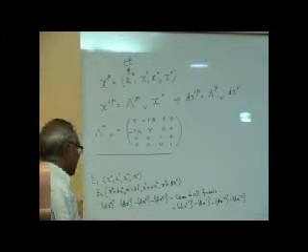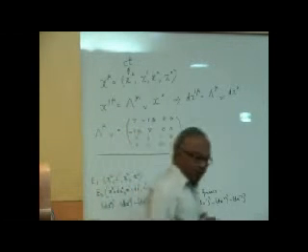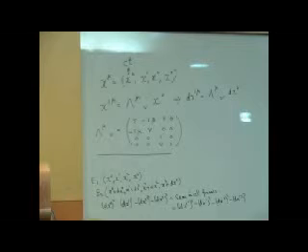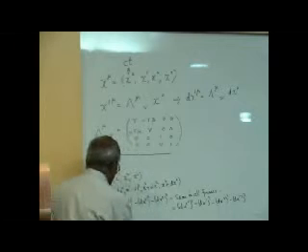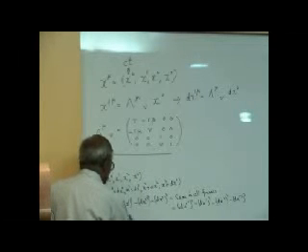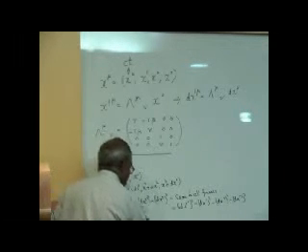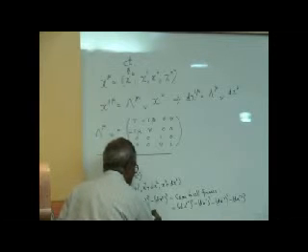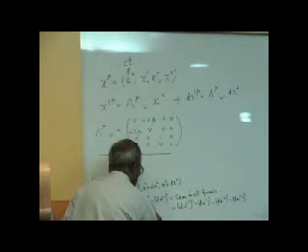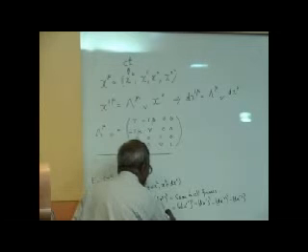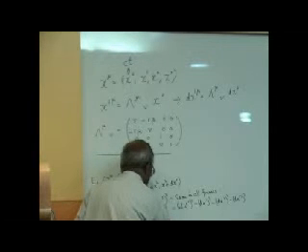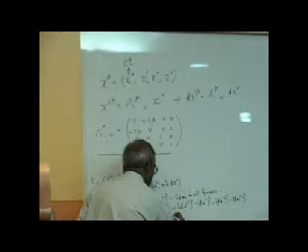Now, suppose I have a frame in which event 2 occurs at the same spatial coordinate as event 1. That is, let me assume in S prime, dx prime 1 equals dx prime 2 equals dx prime 3 equals 0.